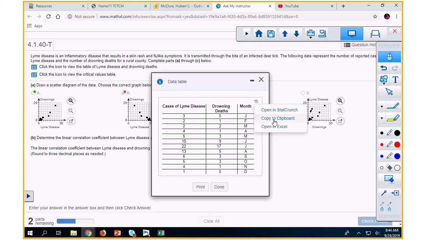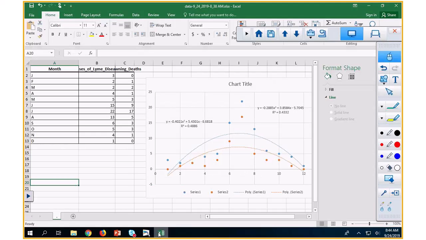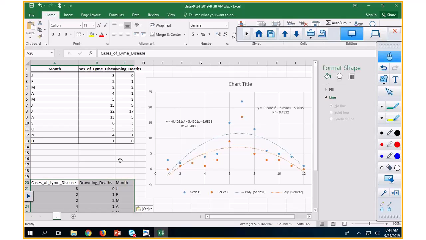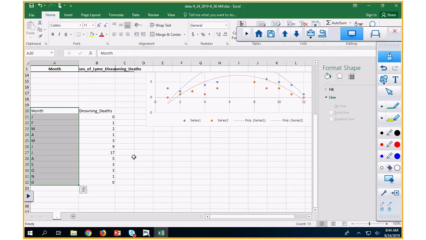Okay. Let me do this. Copy and clipboard. It's supposed to copy. Please copy and paste. You hit done. I'll hit Control C. Done. Now go into here and hit Control V. There you go. But make sure you put the month. Take that out. Control X. And then put it in here. Control V. And of course, do it the right way.